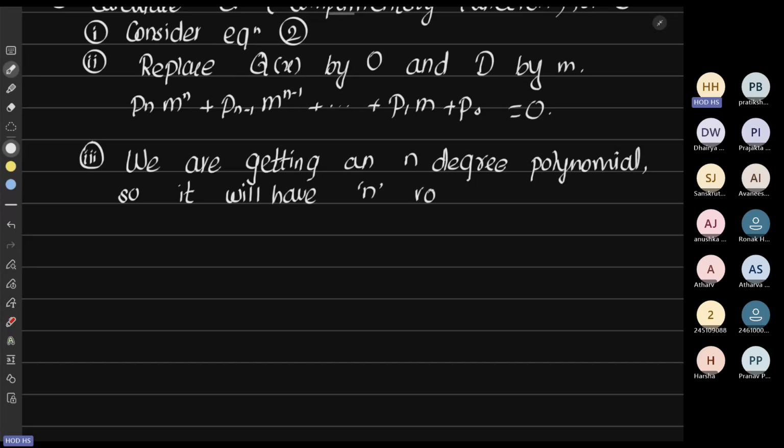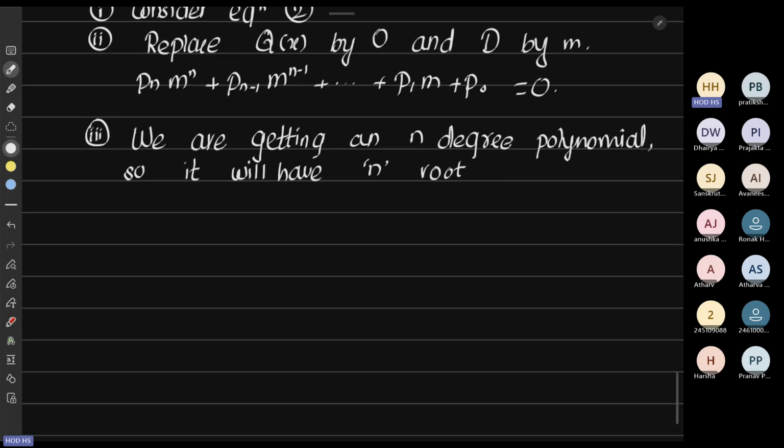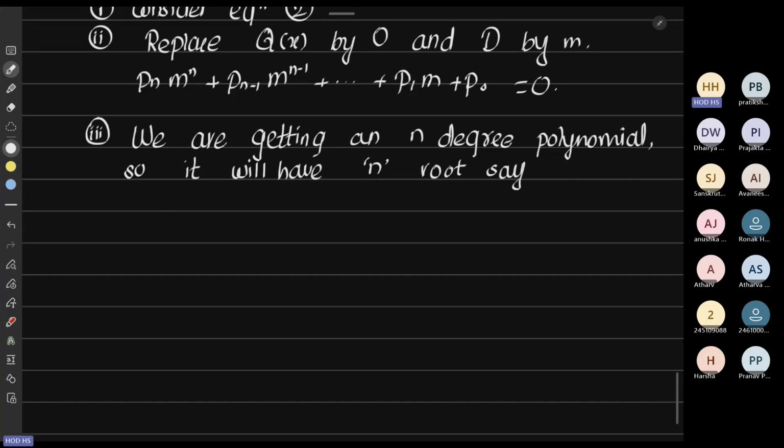I am not claiming that they must be real or distinct or anything. I'm just saying that there will be n roots. Say I'm calling them M1, M2, and so on till Mn. So I will have n roots.